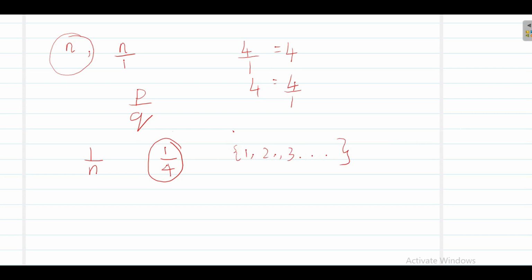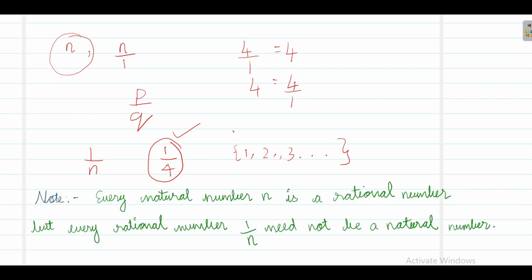There we don't have any fractions. So from this we can conclude that every natural number n is a rational number, but every rational number 1 by n need not be a natural number.